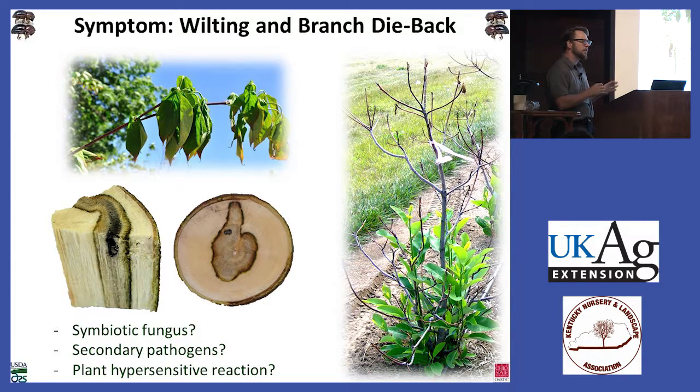As I'll discuss in a minute, these beetles carry a symbiotic fungus, and that's not considered to be highly pathogenic from a plant pathology perspective. So again, we don't really understand the basis for that. It is also highly variable, in the sense that sometimes trees will die back and other times they recover.